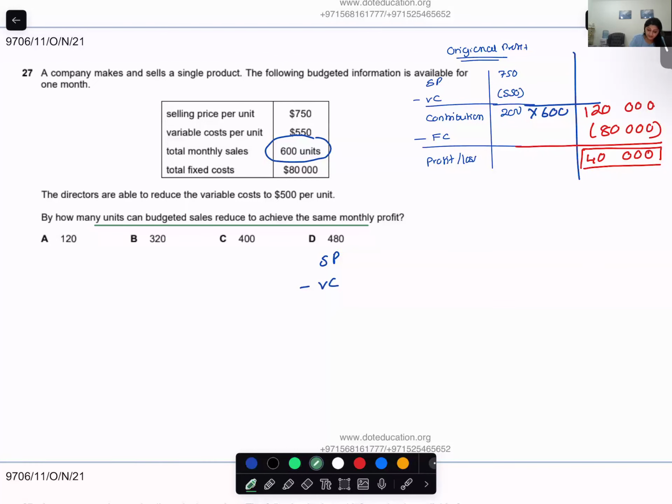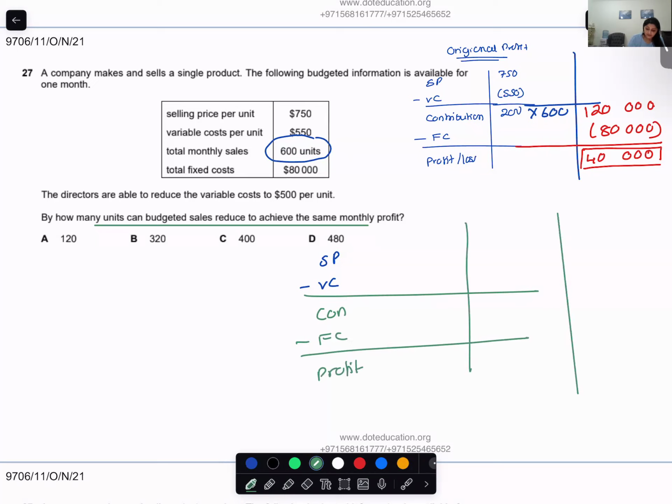This is the revised version. Contribution minus fixed cost, profit. I want to know the number of units that I have to sell, but the profit should remain 40,000. Selling price would remain the same. Variable cost will become 500.